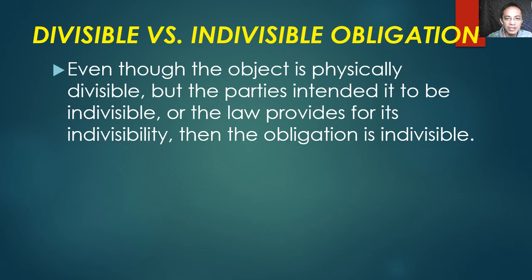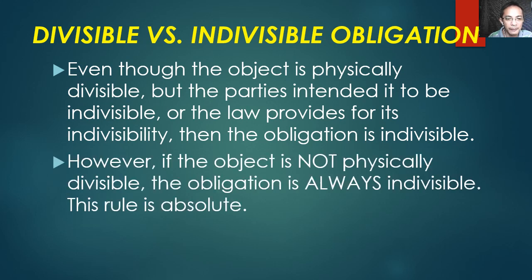So in this case, the intention of the parties or the intention of the law will prevail. Hence, the object is indivisible, and so the obligation will also be indivisible.